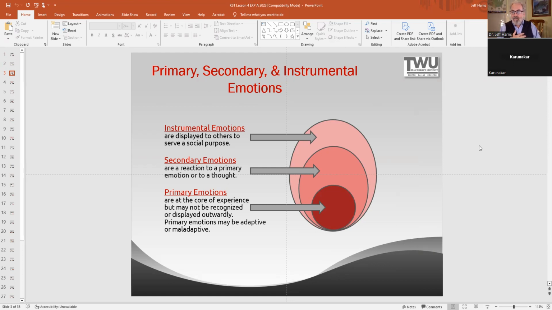Because our primary emotions may not be comfortable, sometimes we react to primary emotions with secondary emotions, which are a reaction to a primary emotion or to a thought. And then instrumental emotions are up top and are displayed to others to serve a social purpose. And sometimes when I show this diagram, people think there's always all three, and that's not the case.